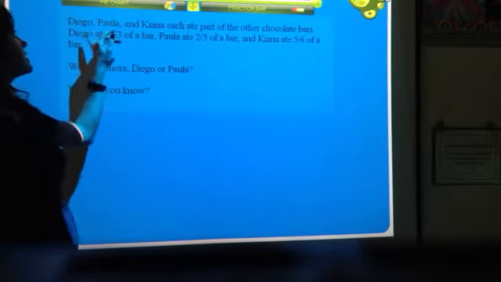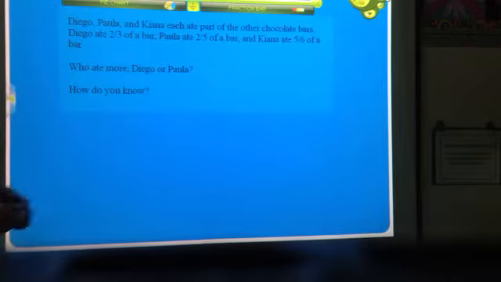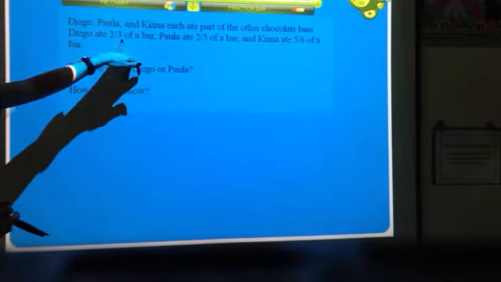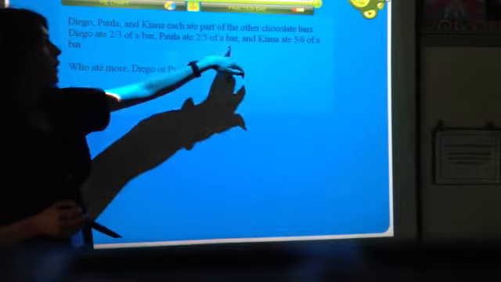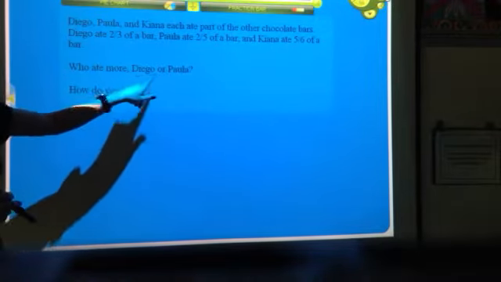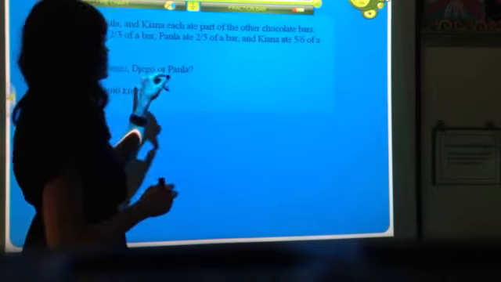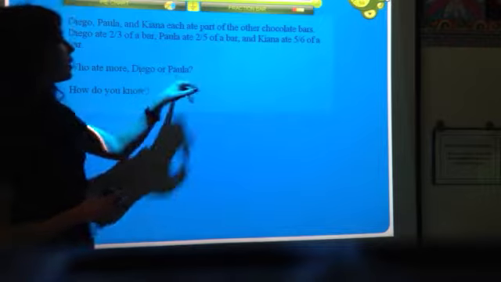Alright, our next problem says Diego, Paula, and Kiana each ate part of the other chocolate bars. Diego ate 2/3 of a bar, Paula ate 2/5 of a bar, and Kiana ate 5/6 of a bar. Who ate more, Diego or Paula? So the first thing I'm going to do is draw my chocolate bars to represent Diego's portion and Paula's portion.